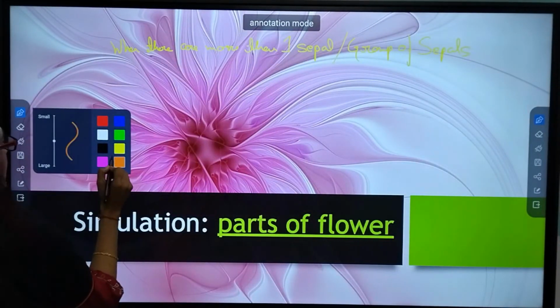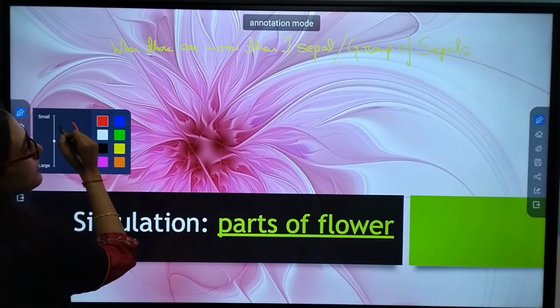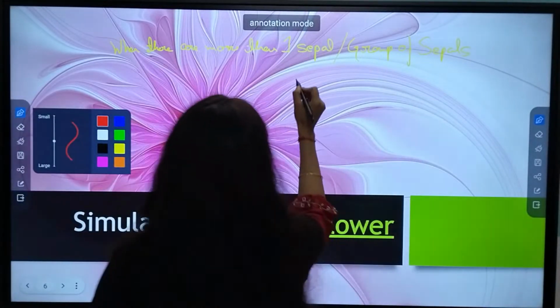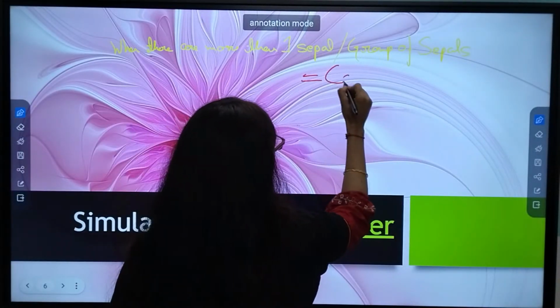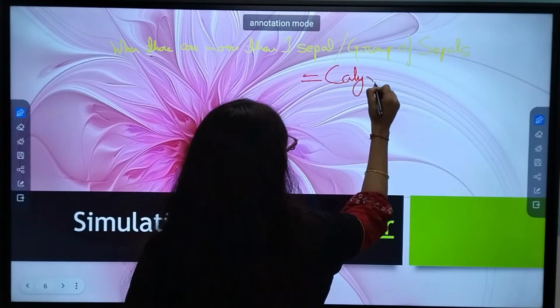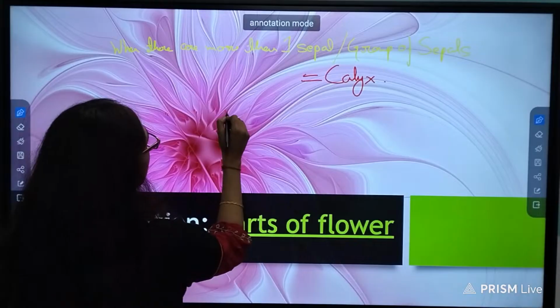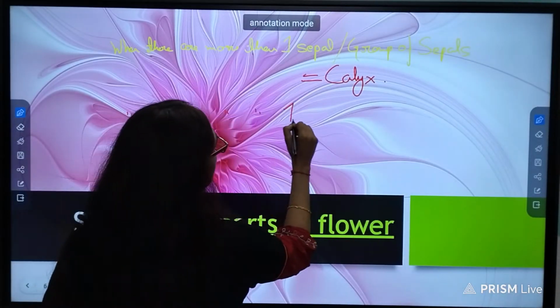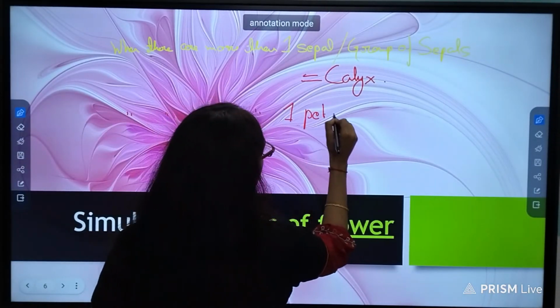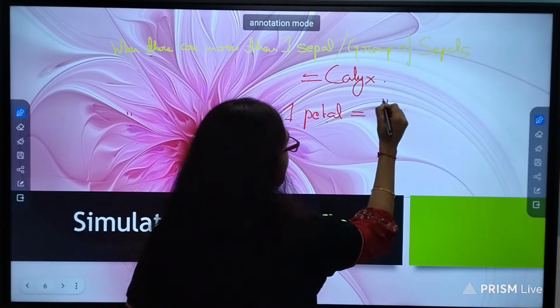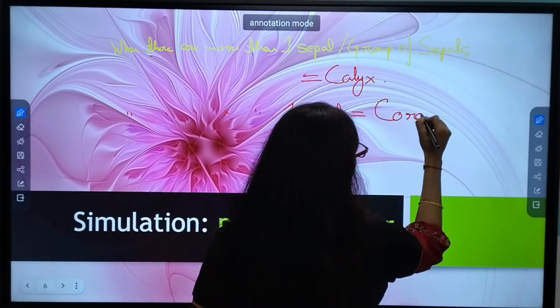It is known as calyx. Similarly, when there is more than one petal, it is known as corolla.